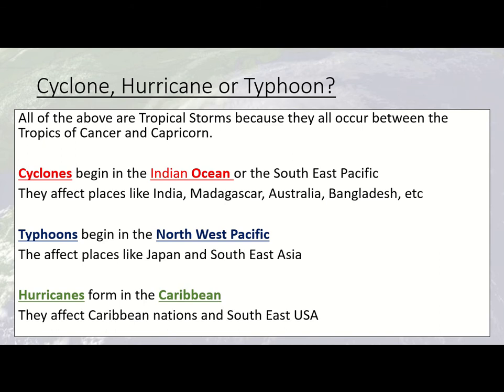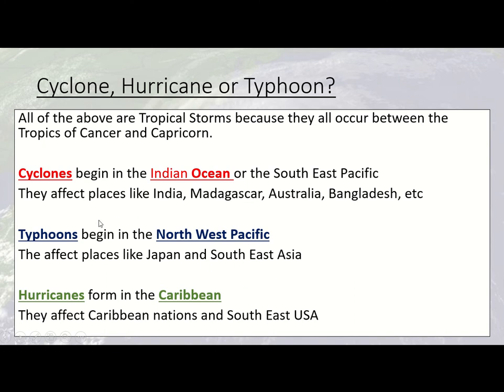Now the ones that we hear about most are the hurricanes, because they affect our American cousins, and because they affect our American cousins, there's a lot of documented evidence about that. We still do hear about typhoons that affect the Northwest Pacific, and the reason we hear about these is because these tend to be the most severe.